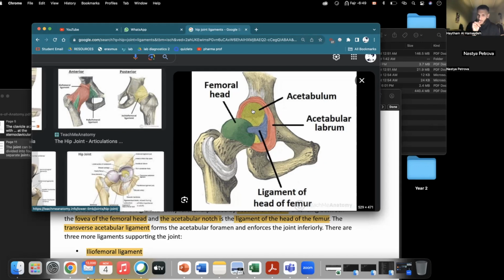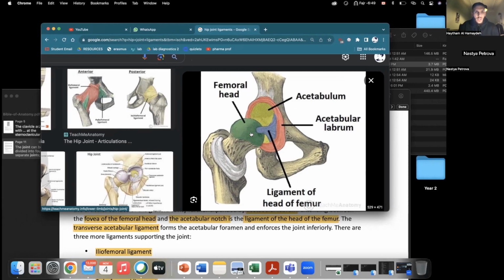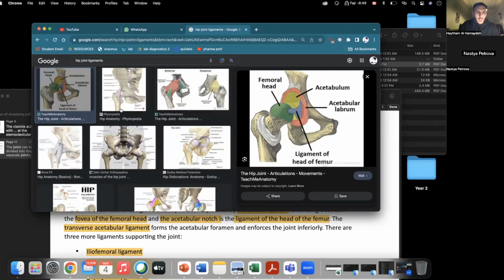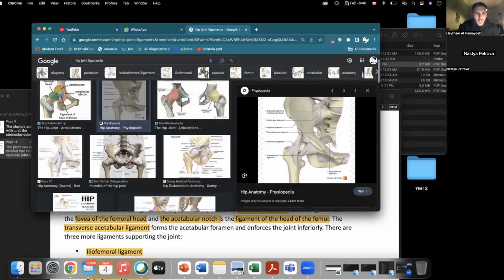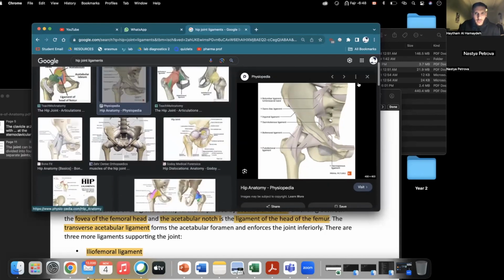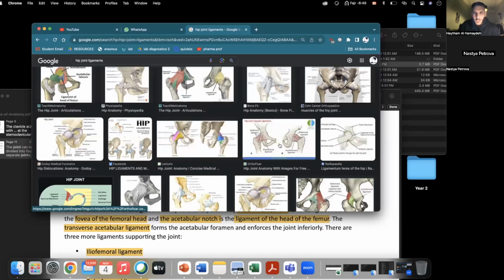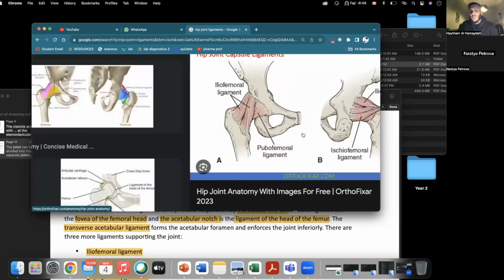Now we want to know ligaments. The first one is this ligament that enters the head of femur through a hole called the fovea, which is a hole in the head of femur.